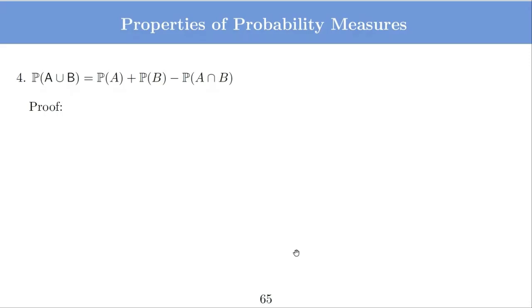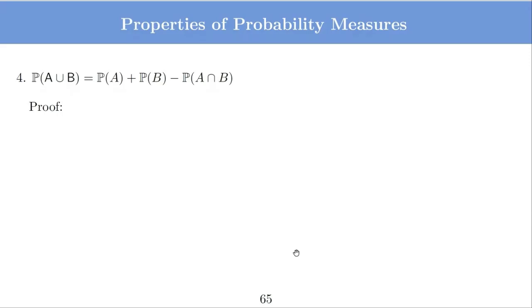Because A intersection B has those elements which are in B, and B minus A has those elements which are in B but not in A. If you take the union of these two, you will get this complete set B. So this means probability of B is equal to probability of A intersection B plus probability of B minus A. From this, you can show that probability of B minus A is equal to probability of B minus probability of A intersection B. Okay, and earlier I proved that probability of A union B is equal to probability of A plus probability of B minus A. So I will just put the result of probability of B minus A, and then you will get this expression.